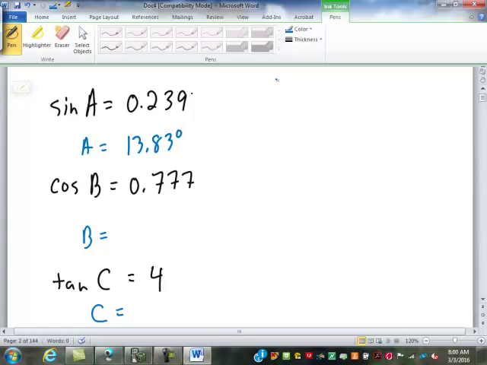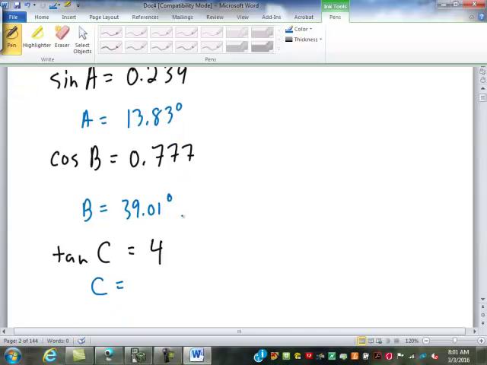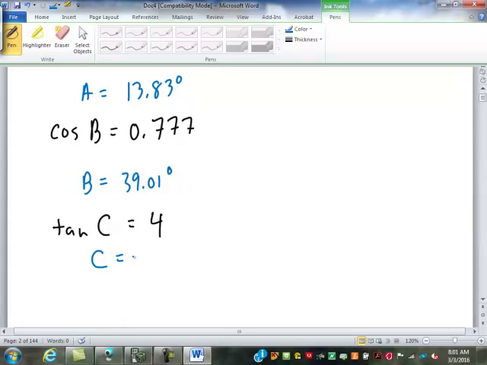I probably shouldn't have rounded that one off; that was my fault. So then this one, the angle B, if cosine is 0.777, 39.01 degrees. And then if the tangent of C is 4, 75.96 degrees. Perfect.